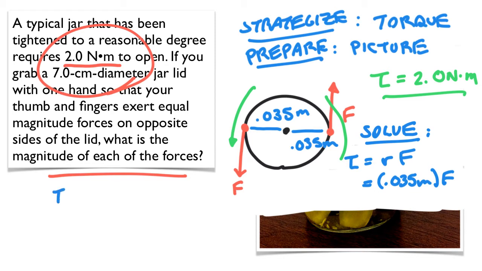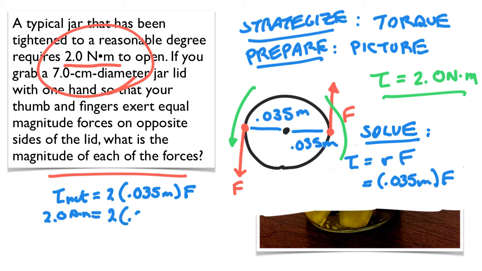The net torque is going to be equal to 2 times 0.035 meters times my force in newtons, and that's equal to 2.0 Newton meters. So I have 2.0 Newton meters equal to 2 times 0.035 meters times F. And I have everything I need to calculate F. If I do that, I get a force of 29 newtons.